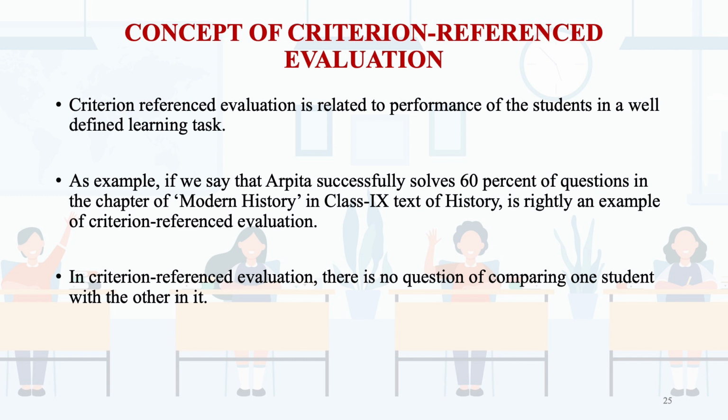And further, in criterion referenced evaluation, there is no question of comparing one student with another. So here we are not comparing an individual student with the group of students so far as their performance is concerned. But definitely we will define and describe one's performance in a well-defined learning task. That learning task is related with the subject, with the chapter. It may be in a different subject.